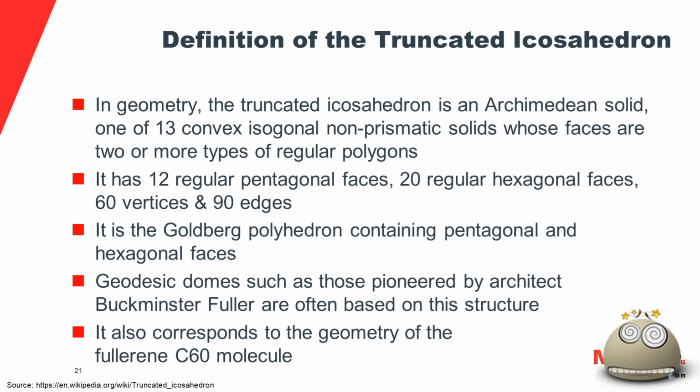You have 12 regular pentagonal faces, 20 regular hexagonal faces, 60 vertices, 90 edges, blah, blah, blah. If you're not mathematically inclined or you don't like that stuff, this is kind of gibberish to you. And down here, even in chemistry, that's the fullerene C60 molecule, right? So everybody knows what that means.